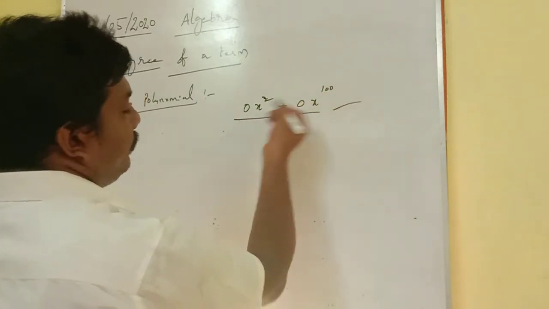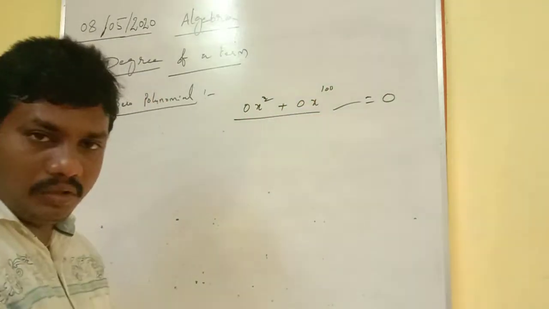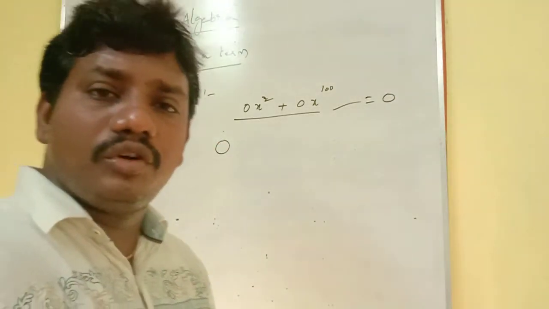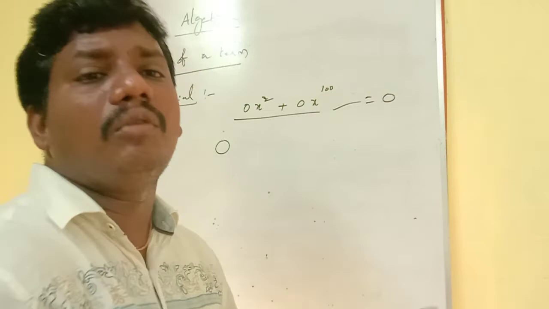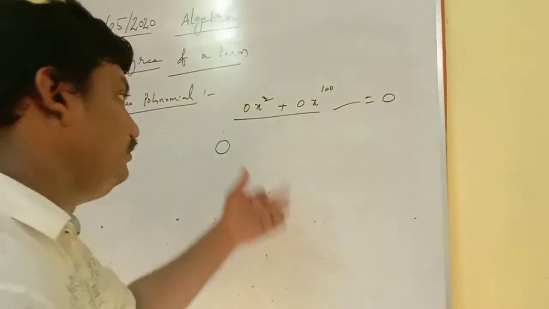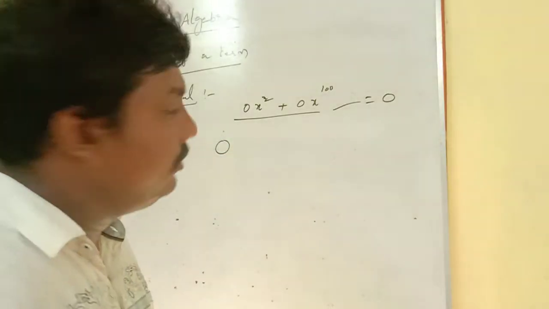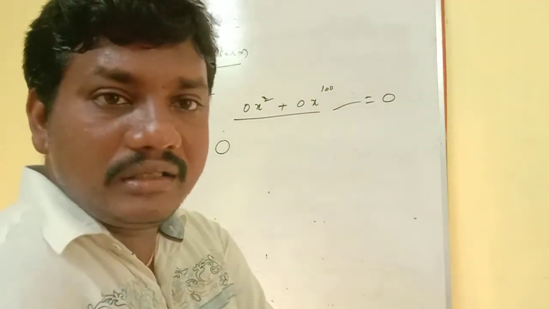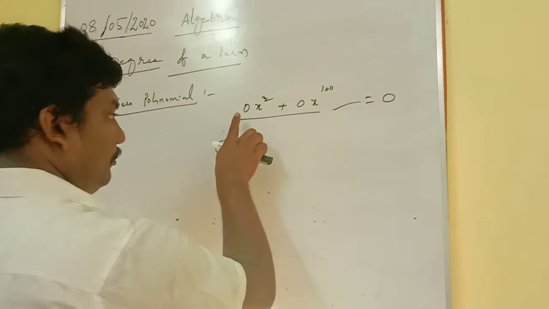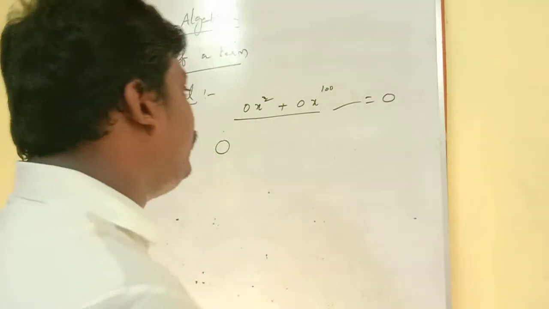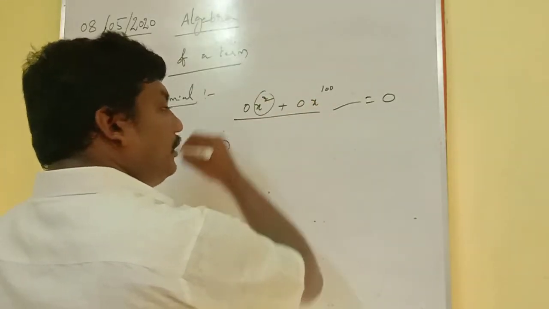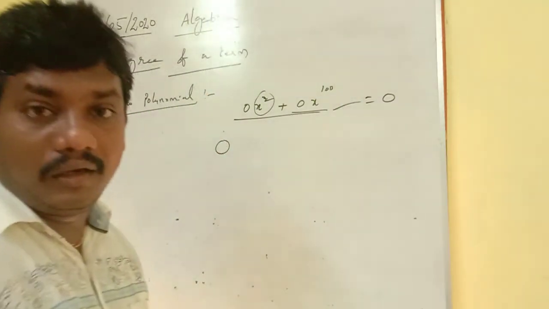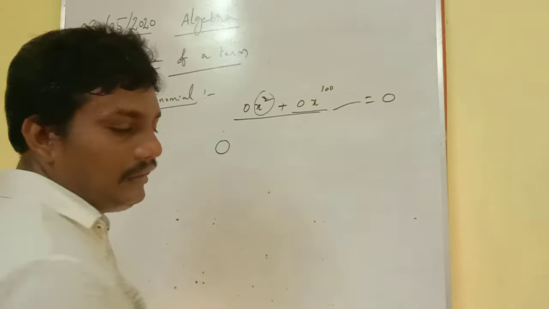All will be 0, so the 0 polynomial is nothing but 0. What is the degree of the 0 polynomial? We cannot find it, so it is undefined. Why? Because beside the 0 you can write a 2 degree variable, or a 100th degree polynomial, because the variable power is 100.